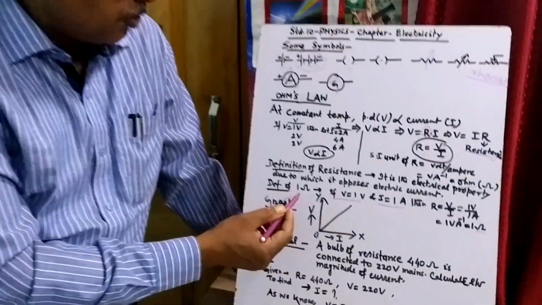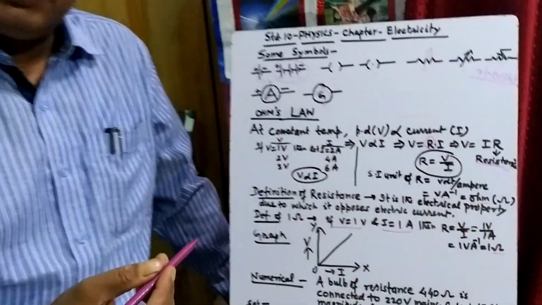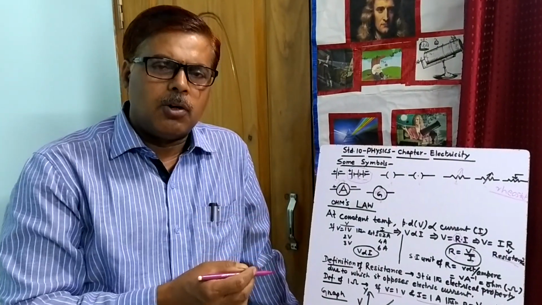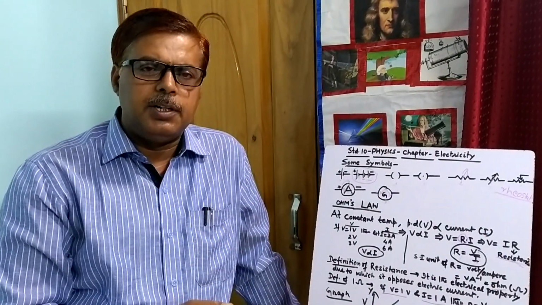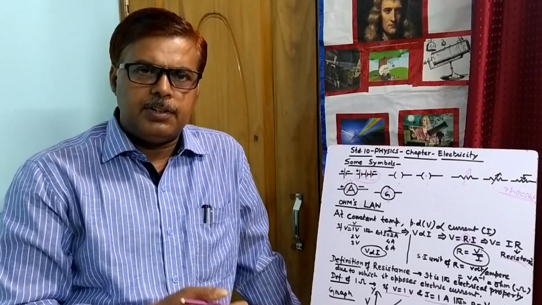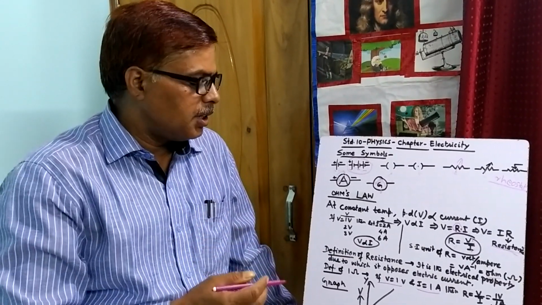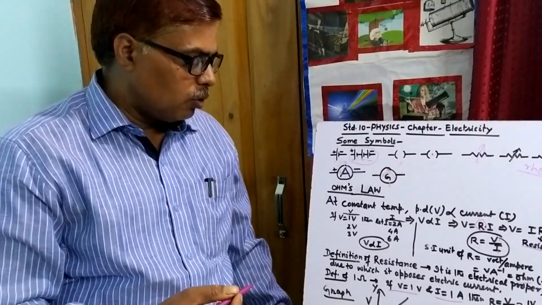So this is the definition of 1 ohm. However, I have already given the definition of each topic related to physical quantities of electricity in our class notes of the electricity chapter, so you must see all those notes.